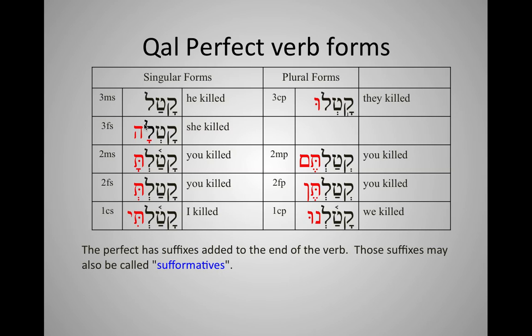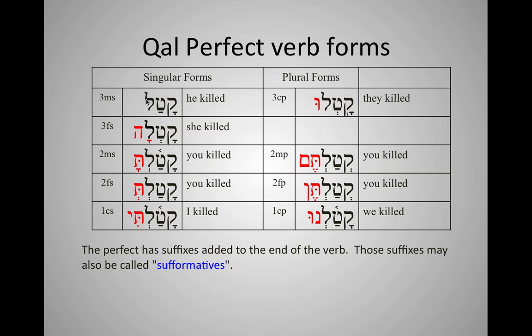If you'll note in the first block here, though, this is our third masculine singular form of the verb. And note that it doesn't have any ending on the end there. So the third masculine singular form of cal perfect verbs is actually denoted by the absence of an ending. That's a lot like masculine singular nouns, if you remember back. Masculine singular nouns, we also denoted them because they didn't have a special ending.